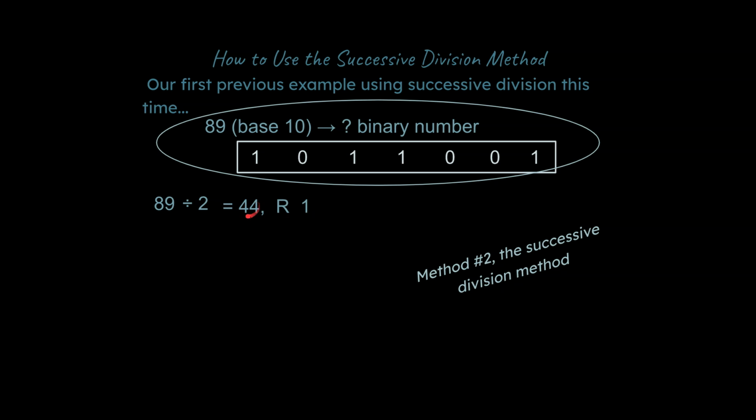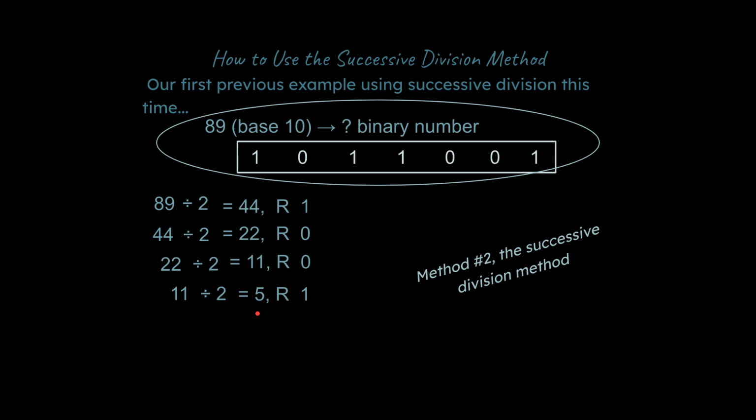All right, then we take this number, we'll write it over here and divide it by 2. So 44 divided by 2, what would that be? Well, that would be 22, right, with a remainder of 0. And we take this number, bring it over here, and we say, all right, 22 divided by 2, well, that would be 11 with a remainder of 0. 11 divided by 2 would be 5 with a remainder of 1.